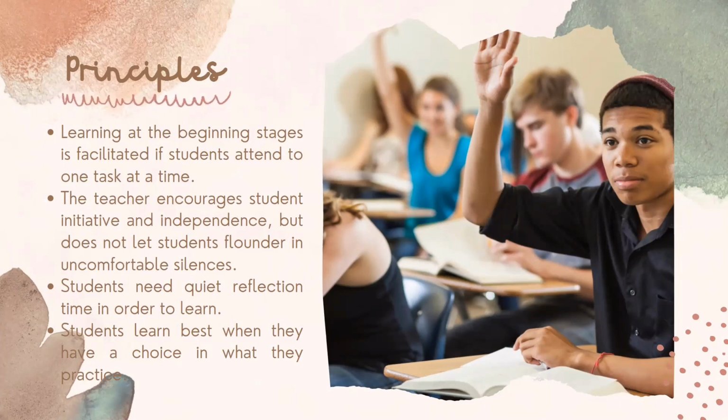Students need quiet reflection time in order to learn. Students learn best when they have a choice in what they practice. Students develop an inner wisdom about where they need to work. If students feel in control, they can take more responsibility for their own learning.